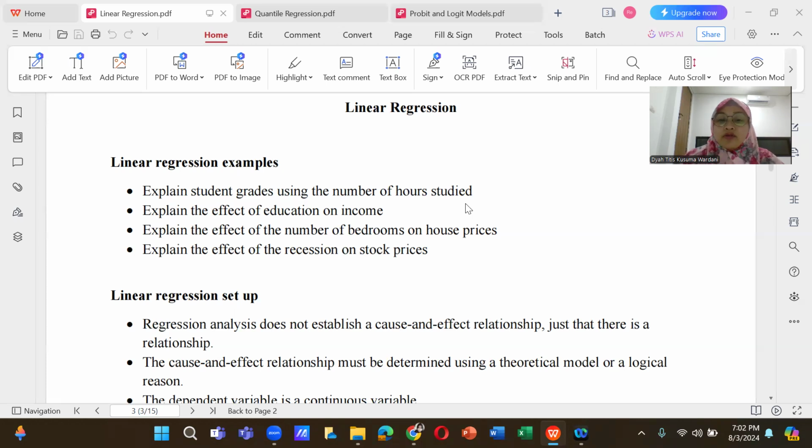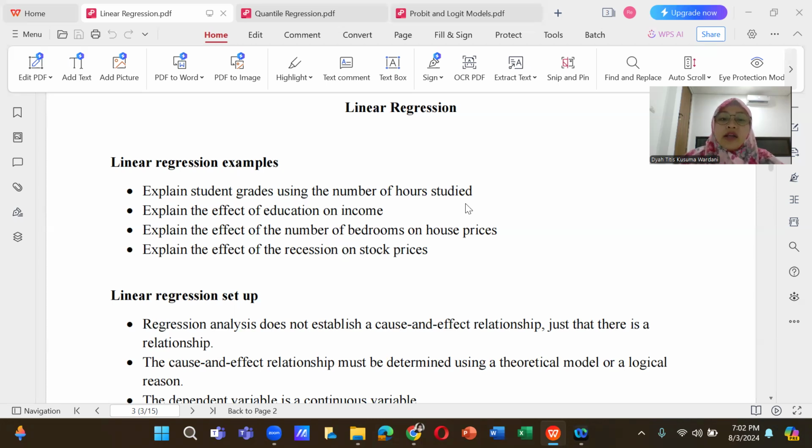And here we have two variables. The first is the independent variable. When you explain student grade using the number of hours, the grade is the dependent variable, and the number of hours studied is the independent variable.